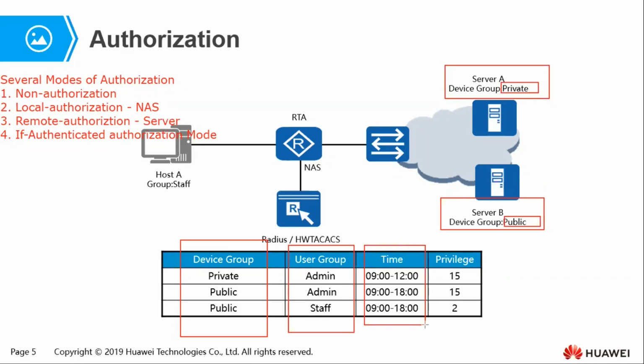So these are some of the parameters we can configure when we are configuring authorization. The time they can access. So you don't want staff members to be able to access some of your network resources at night. So you configure the working hours. Then you also configure their privilege. We understand these different user levels all the way from 1 to 15, which determines what they can do once they access it.